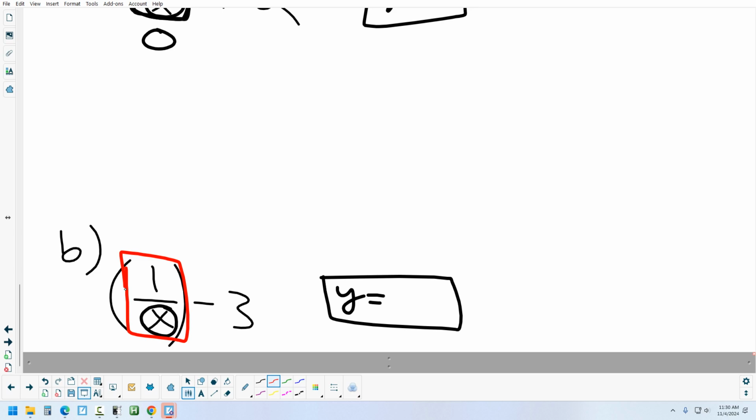It's going to get very small, and it's going to get close to 0. If you take something that's close to 0 and subtract 3 from it, what do you get? Very close to -3. Okay, so the horizontal asymptote there is y equals -3.